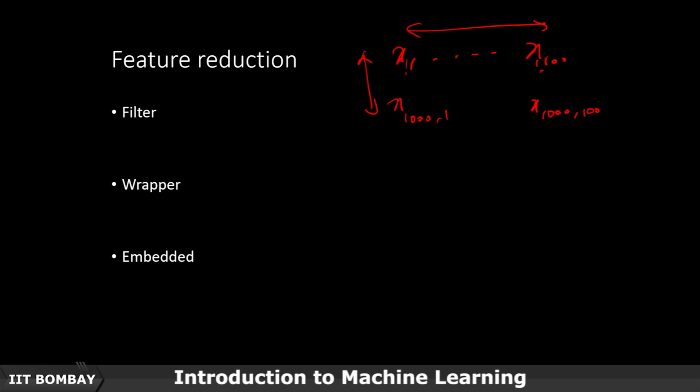Okay, and then once we have done that, then train an ML model, train ML with kept features. Okay, what a wrapper would do is generate several subsets.